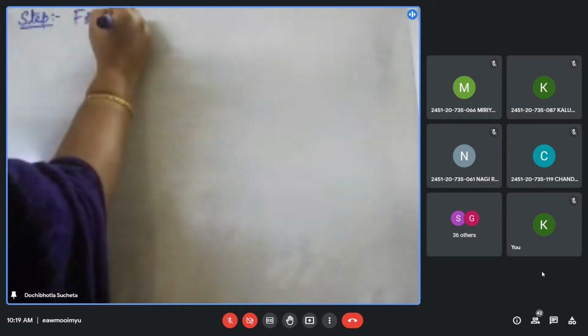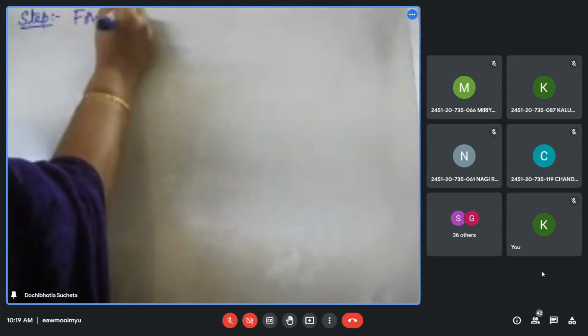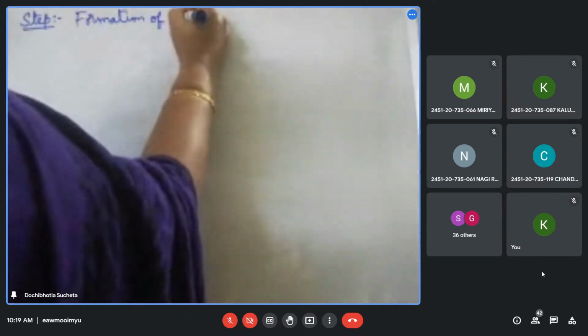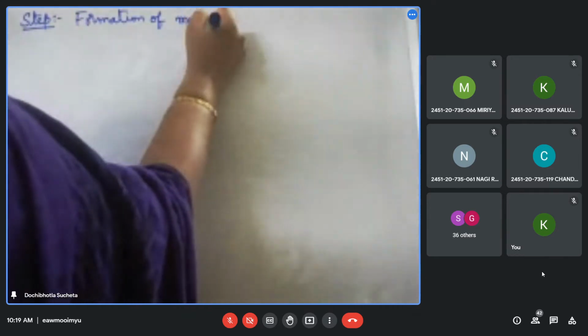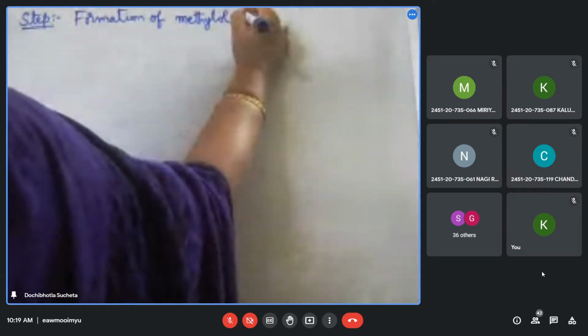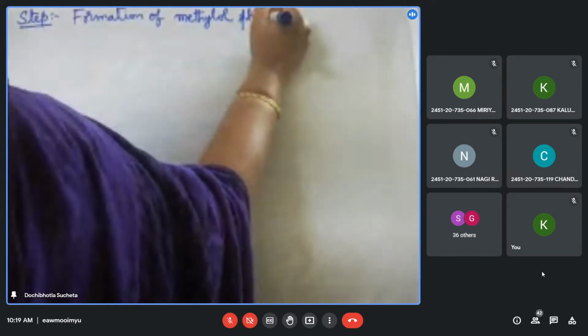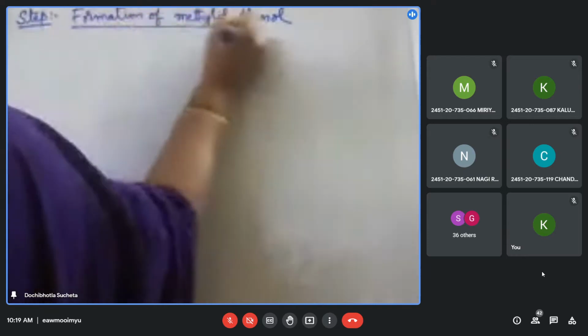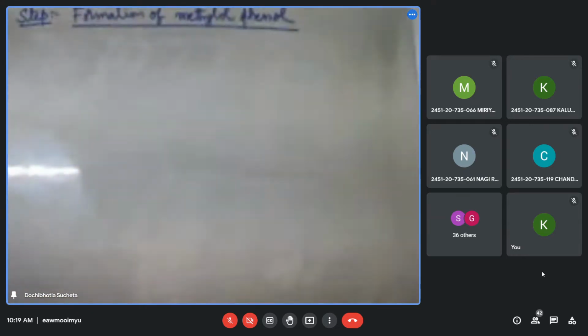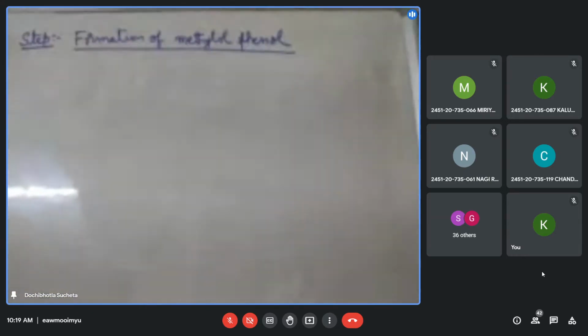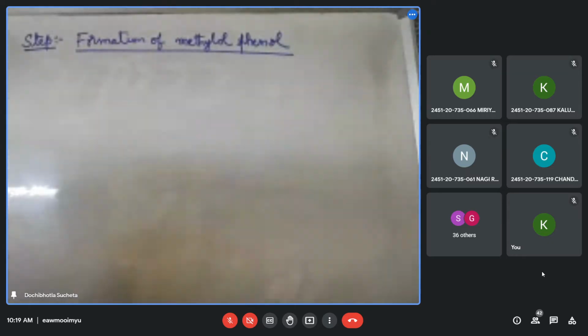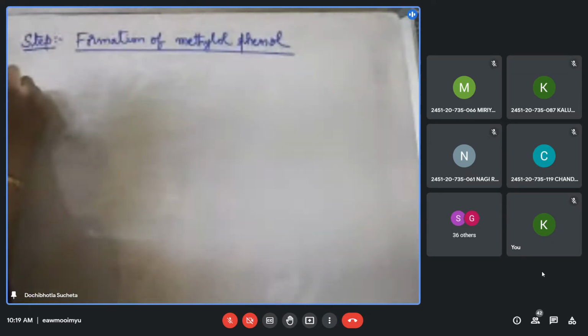Formation of methylolphenol. I have case 1.